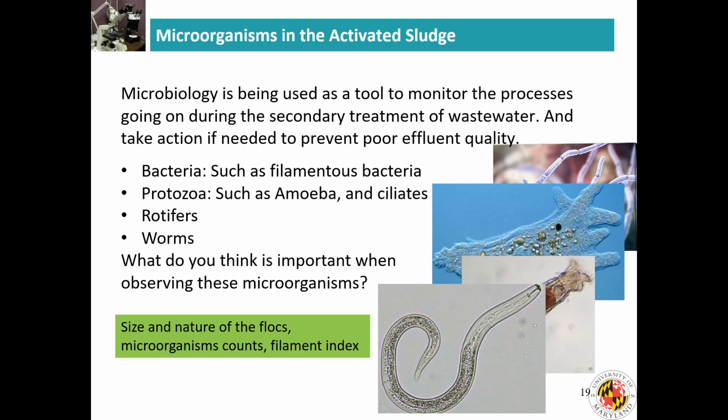These are some of the factors that help them figure out whether or not they have a healthy, efficient sludge, and whether they need to change any conditions for their activated sludge to help it be more efficient and to prevent poor effluent quality.